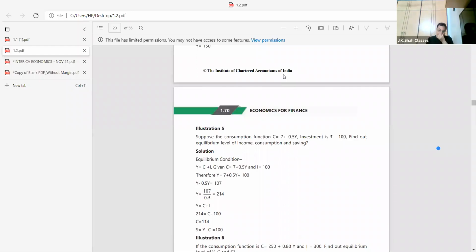So I'm substituting: Y is equal to 7 plus 0.5Y plus 100. That means Y minus 0.5Y is equal to 107. So 107 upon 0.5 gives me 214. Get that 214 first.